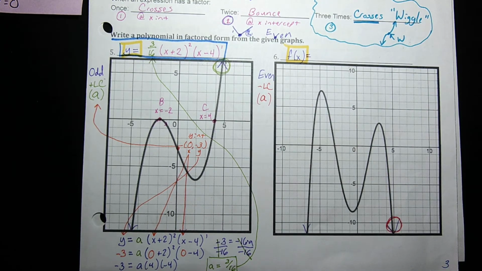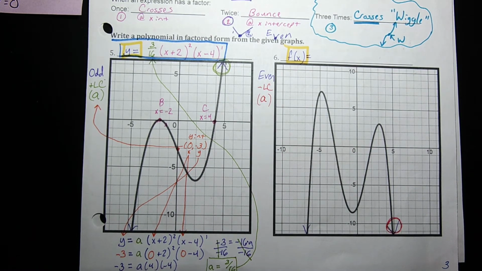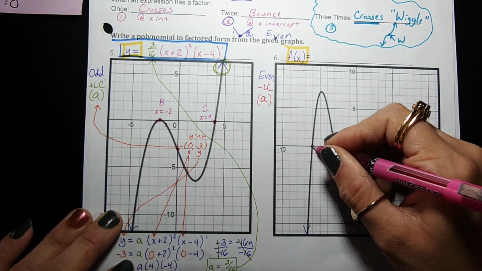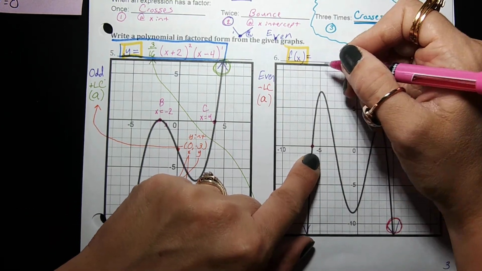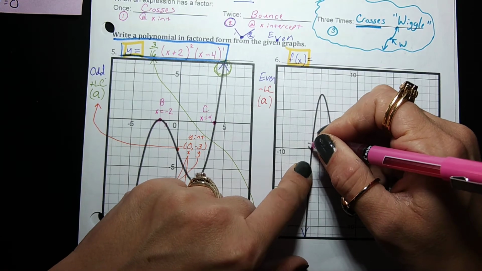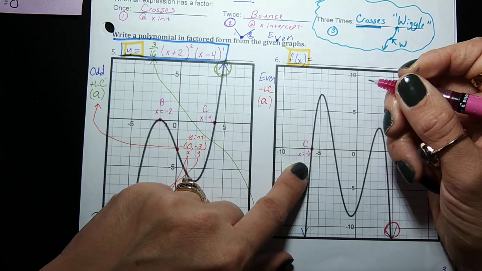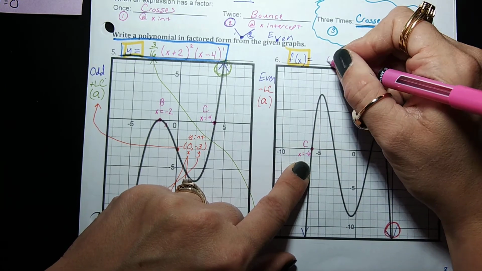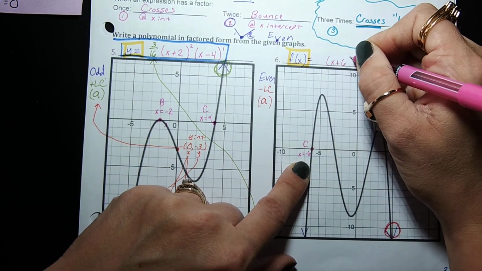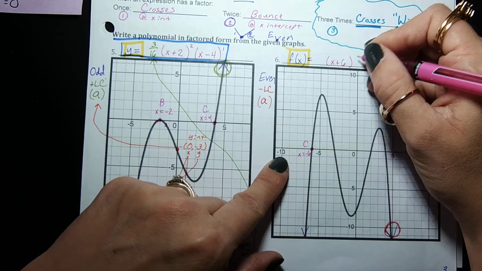What about x-intercepts? Do we have a few of them? Yeah. How many do we have? 4. This one is at -6, and it's crossing. So x equals -6 will be x plus 6 as a factor.